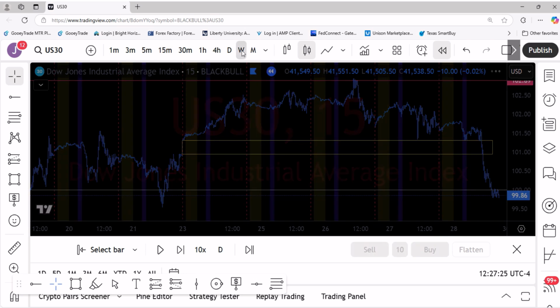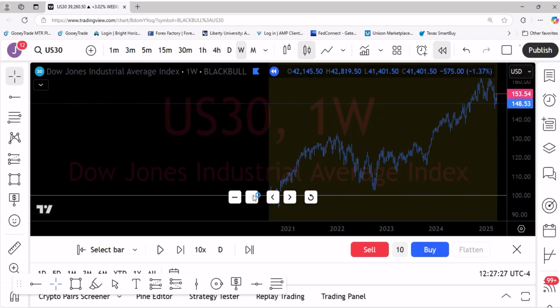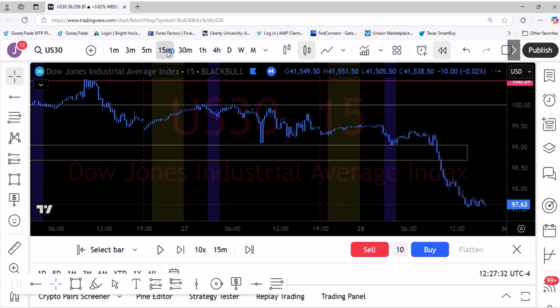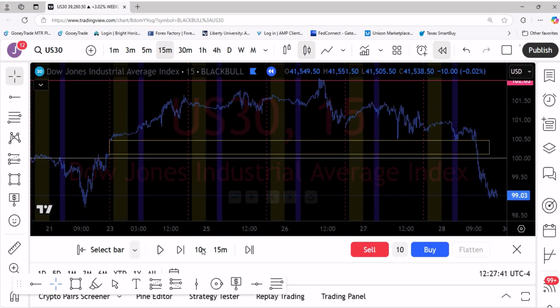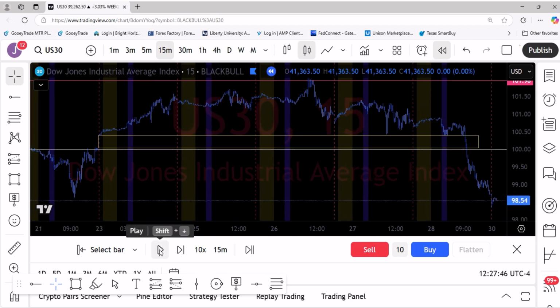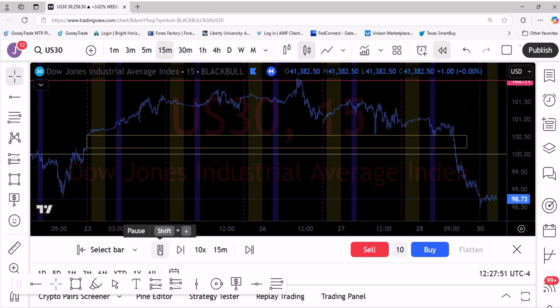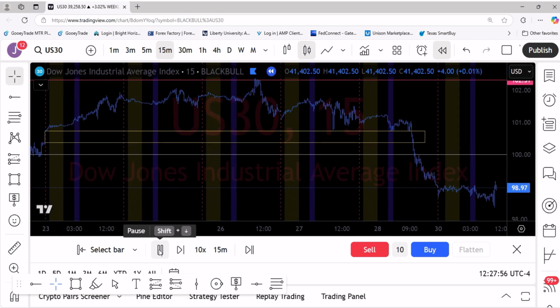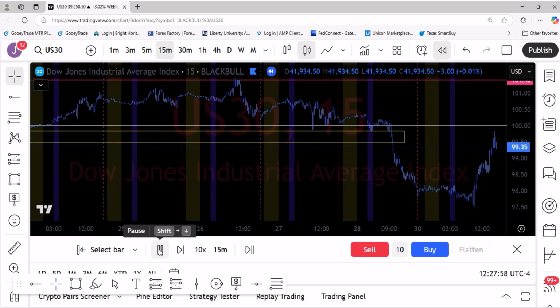But again, going back to the weekly, I could have definitely held this trade a little bit longer because, as we're going to see, as of today that I'm recording this, it's April 22nd, 2025, and the market has been on a downtrend for those past few weeks, and I could have held this trade longer, really turning it into a nice swing trade. But I was very happy with my results on this trade.